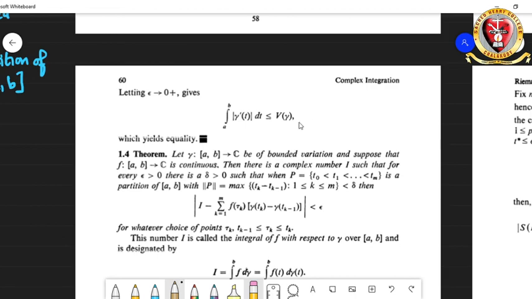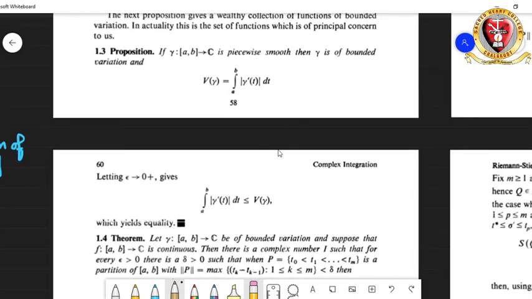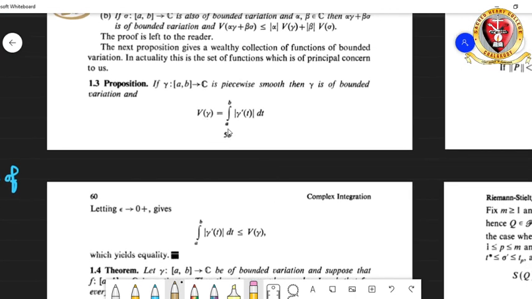So that means that our theorem is proved. V of gamma is equal to the integral from a to b of modulus of gamma dash of t dt. Also we proved that gamma is of bounded variation. That's the proposition 1.3, and do work out the exercises we mentioned.